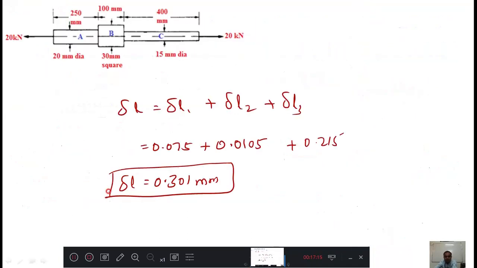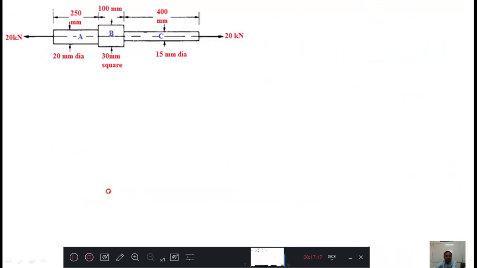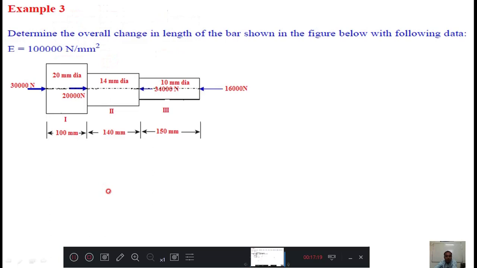Then this is the total extension of the bar. Hope you understood the problem.